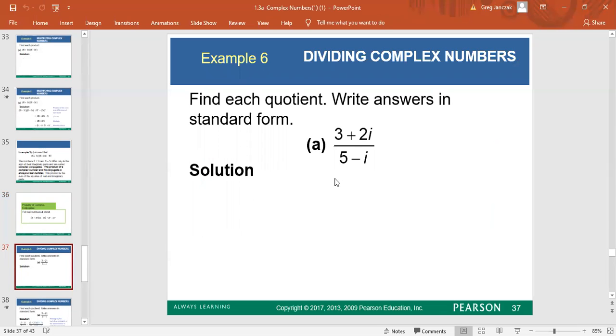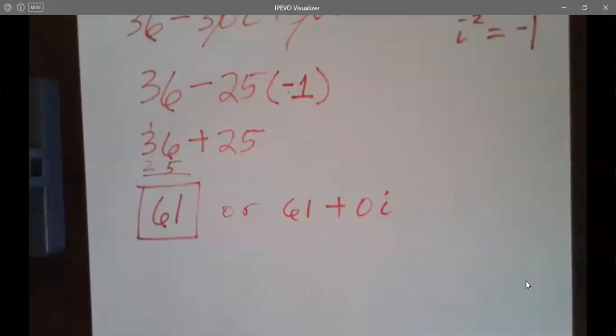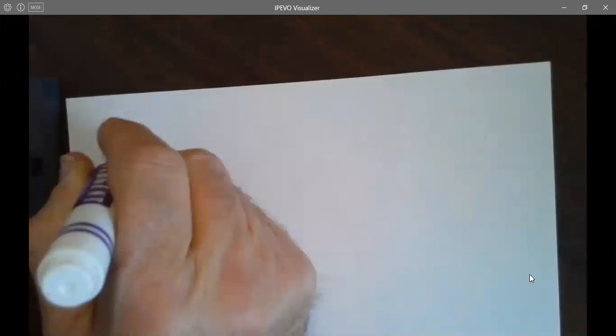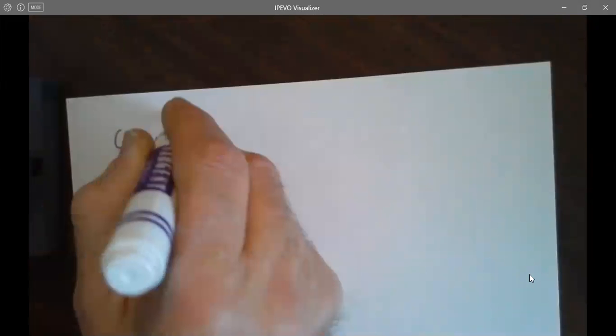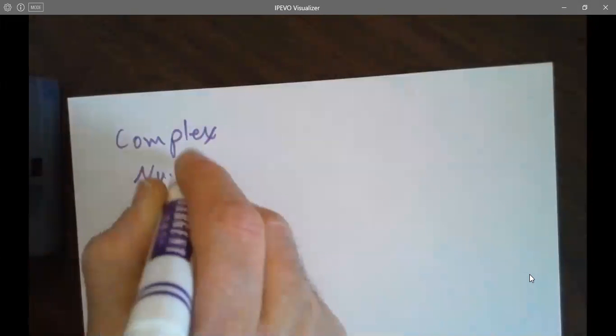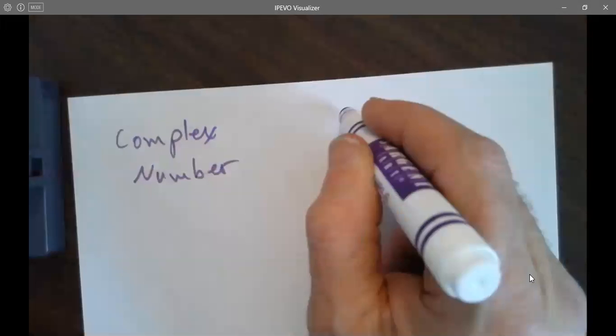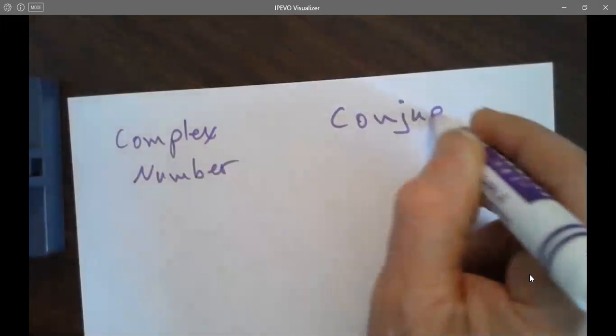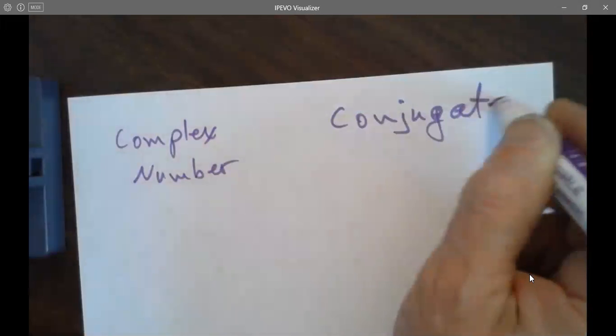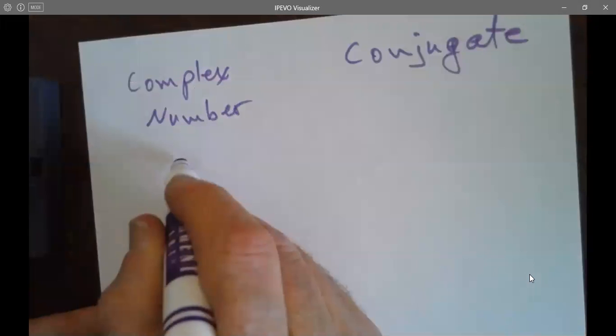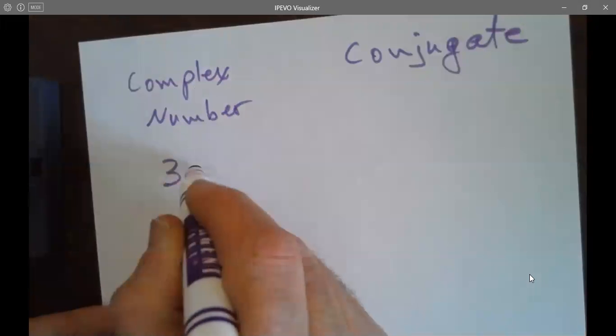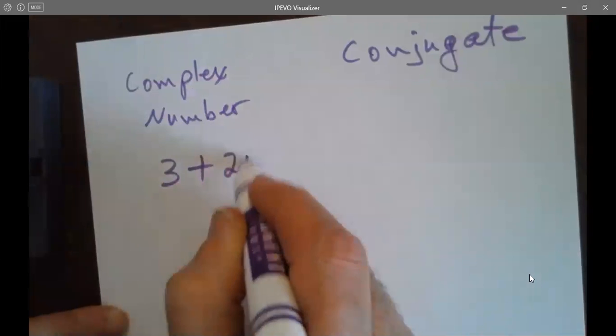So let's look at this for a minute. Okay, so here's the board. And so if we have a complex number and we want the conjugate. Okay, now let's say we have a complex number such as 3 plus 2i.